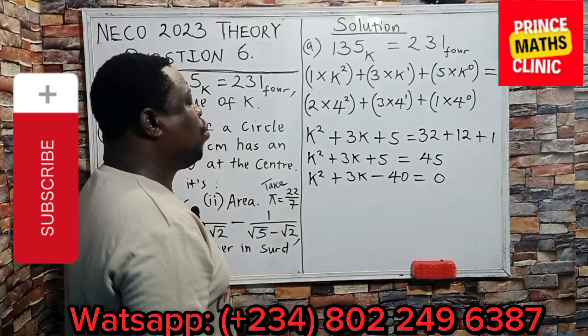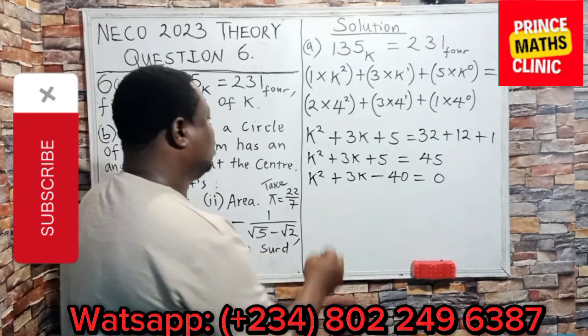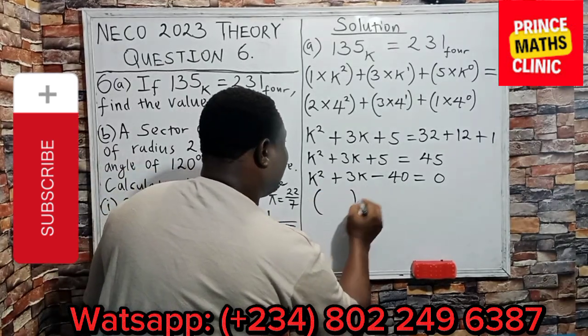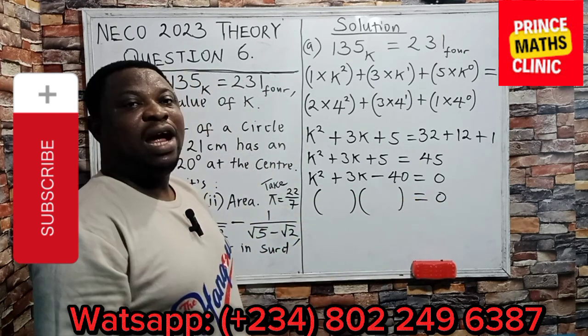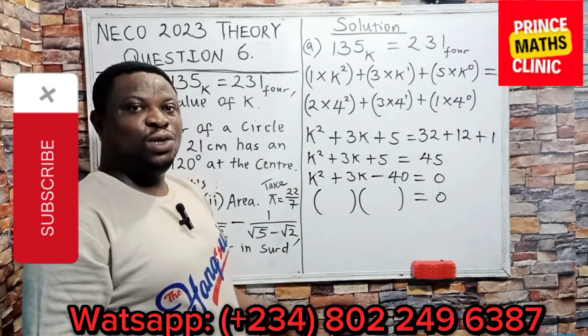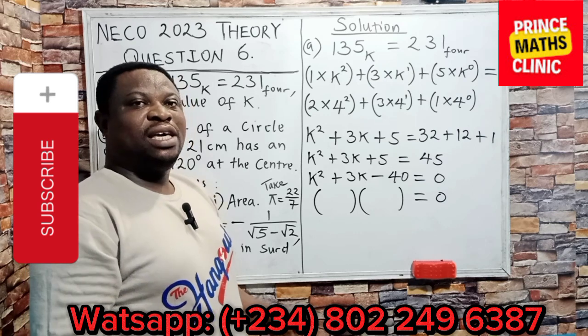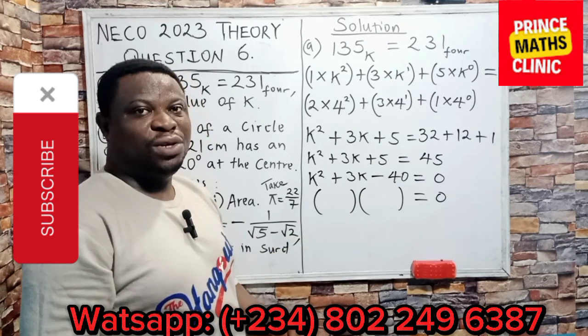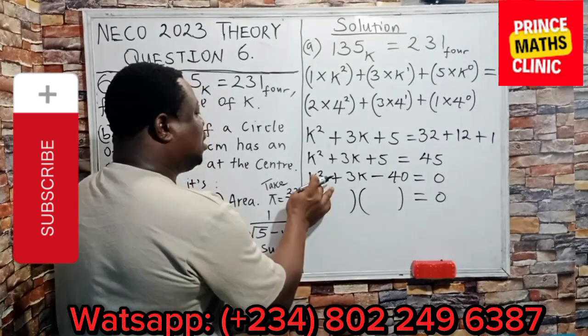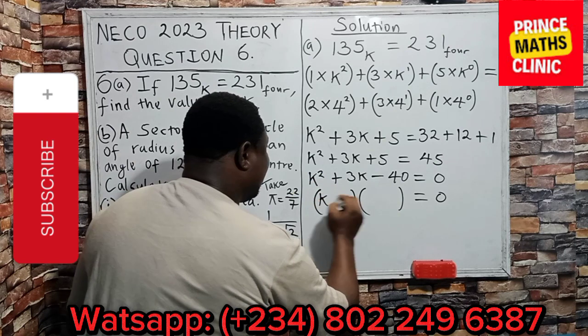Then at this stage, we want to factorize. So open two brackets. I've taught this method severally in a lot of my videos, so you can check the videos to find out how to factorize. Then the unknown is k, you put k.